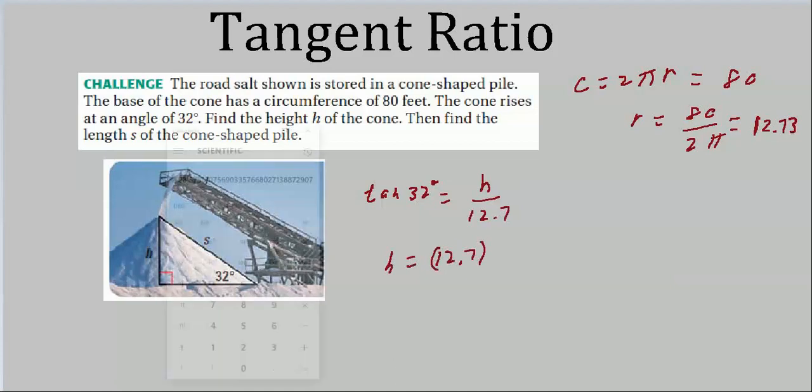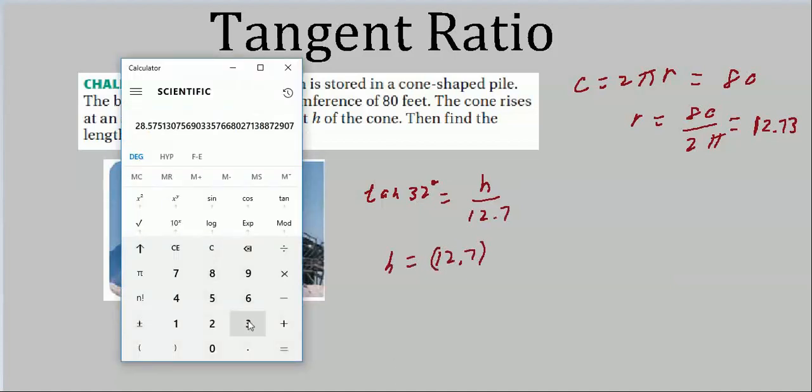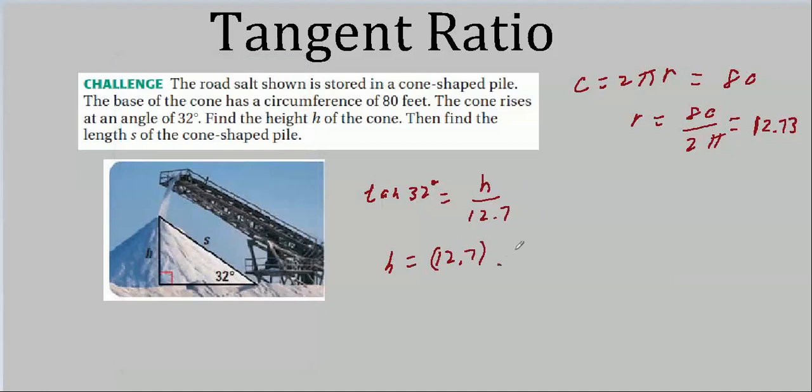And what might that be? 0.625. So we plug these into our calculator, and we get 8 for h over here.